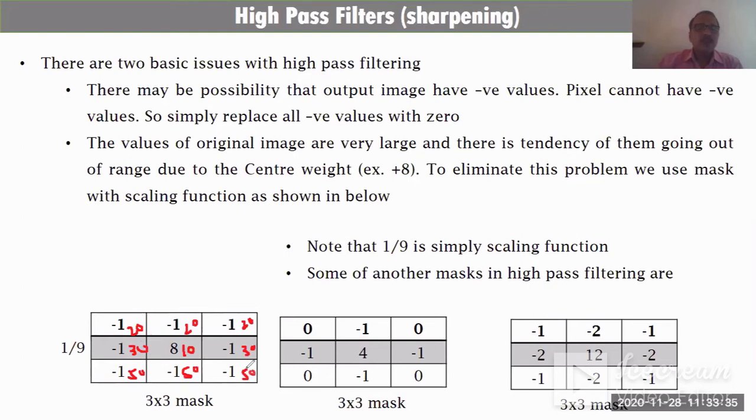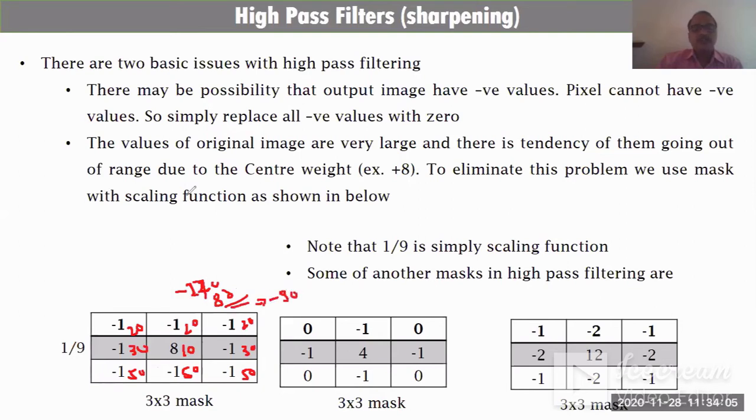Now when we sum all of this, it is minus 20, minus 20, minus 20, so it will be minus 60, then minus 30, minus 30, so minus 120, and this will be 150, so it will be minus 270. The center value is 80, so what is the sum? The sum is equal to minus 90.